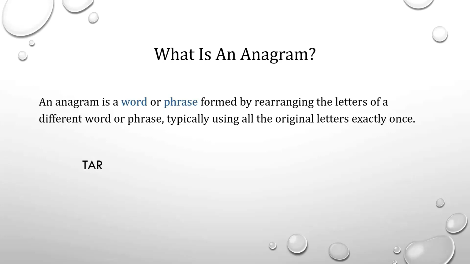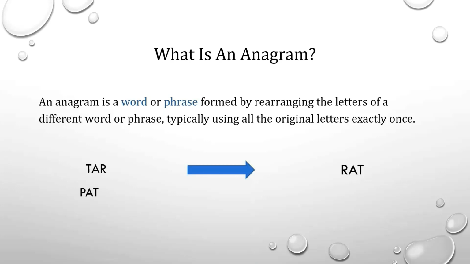So if we are given a word, tar, we have to arrange its letters in such a way that we get another word, but all the letters need to be used only once. Okay, so we get rat.